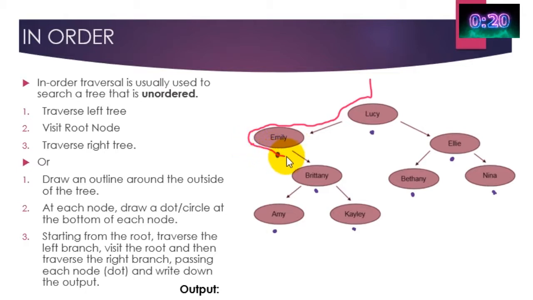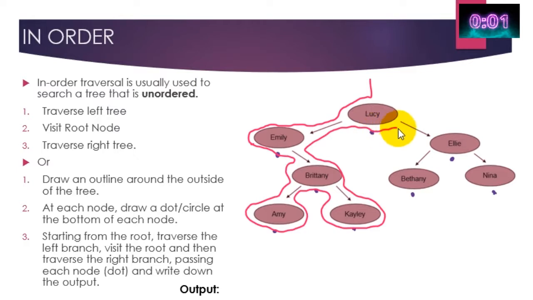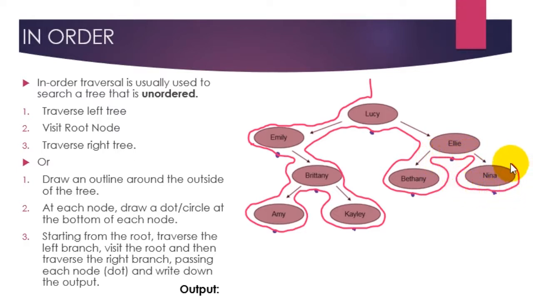So first we're going to go past Emily, and there's no more dots so far. Then Amy, and then Bethany, and then Kaylee. So I can start to see already that the output is going to be a bit different. And then Lucy, and then all the way around, Bethany, Ellie, and finally Nina on our way back out here.